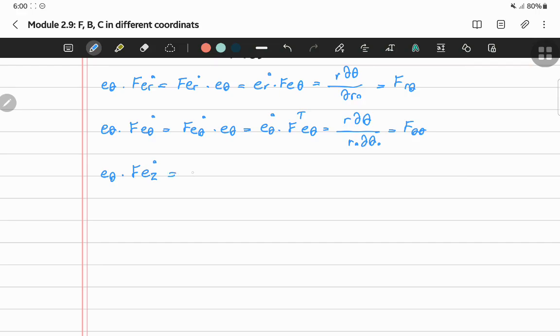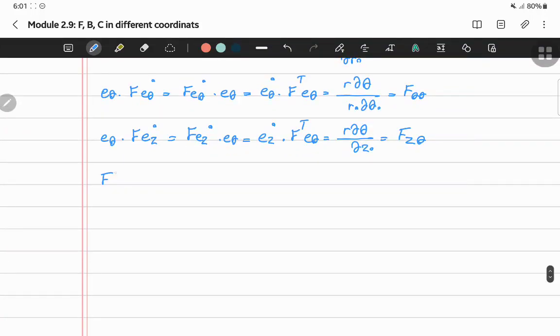And then I have E Z0, which is equal to F E Z dot E theta. So this is E Z dot transpose E theta, which is equal to partial derivative R, partial derivative of theta with respect to Z0. This is F Z theta.